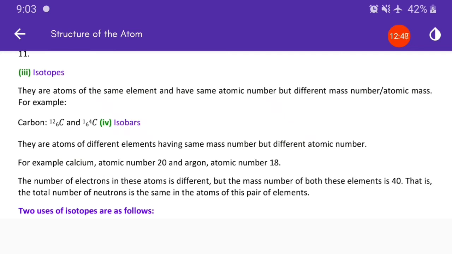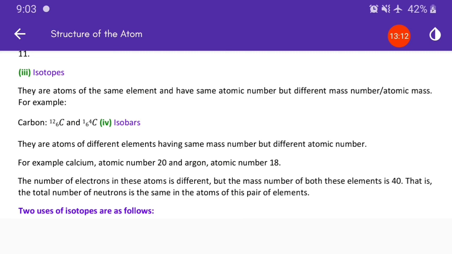For example, carbon-12 and carbon-14, these are isotopes.